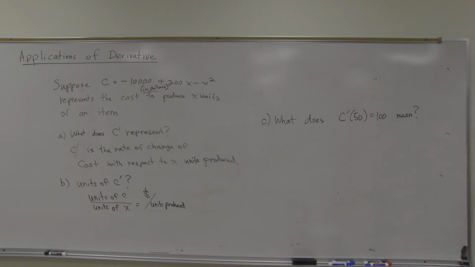Well, you just have to figure out label-wise what these parts are. This is the value of C prime that we have here. What's the 50? 50 would be the x, right? Which in this case, x is the units produced.